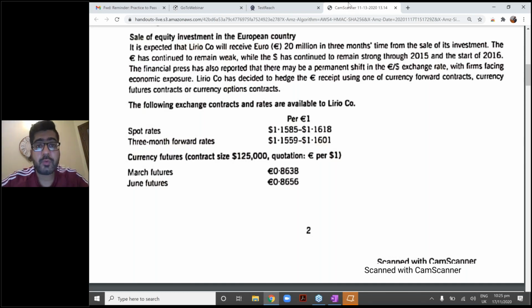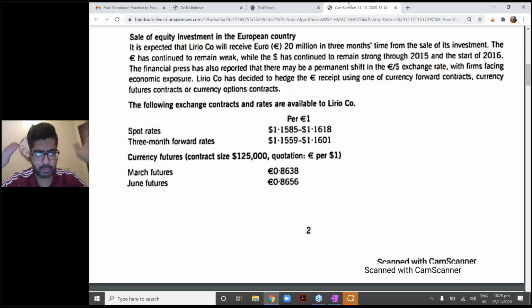It is expected that Lirio will receive euro 20 million in 3 months. It has decided to hedge the euro receipt, because if you're receiving euro in 3 months, there is always a risk that rates may go down. So it has decided to hedge it through forwards, futures, or options. Data for forwards is given per euro. Euro is in denominator. So it's $1.1585 per euro, and 3 month rates are $1.1559 per euro.